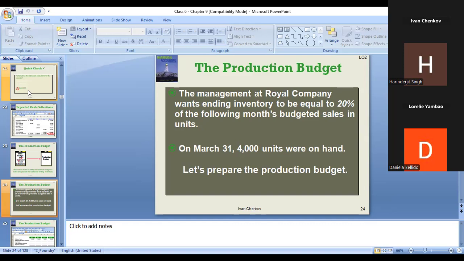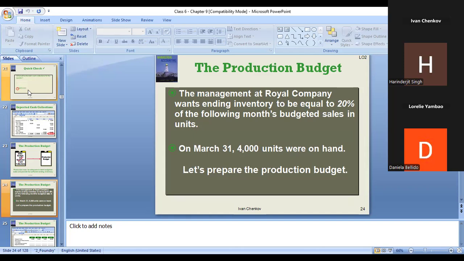For that reason, those people don't want to end up with zero ending inventory. They always want to have at least 20% of the next month's sales available in the inventory. How is this going to help them?